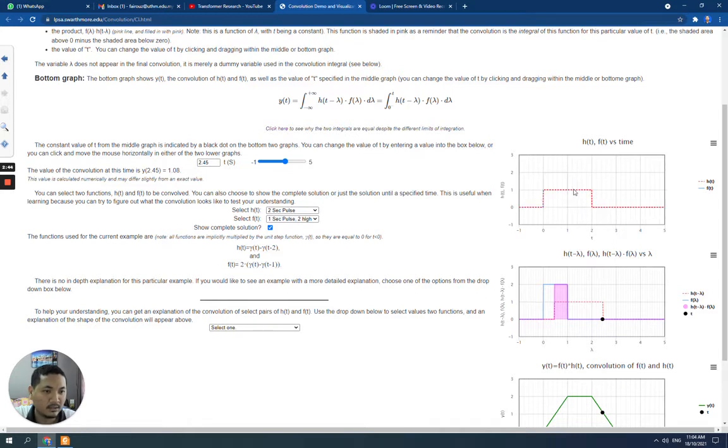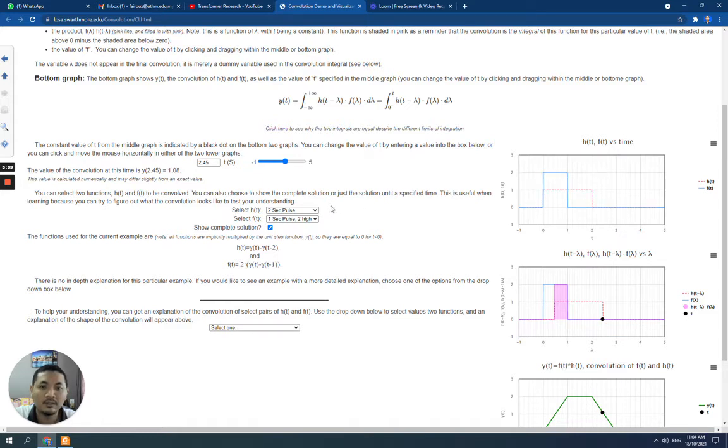It is a pulse with a 2-second period, and then we have a second waveform, which is a 1-second pulse at 2 amplitude, which is this one, a 1-second pulse with an amplitude of 2.